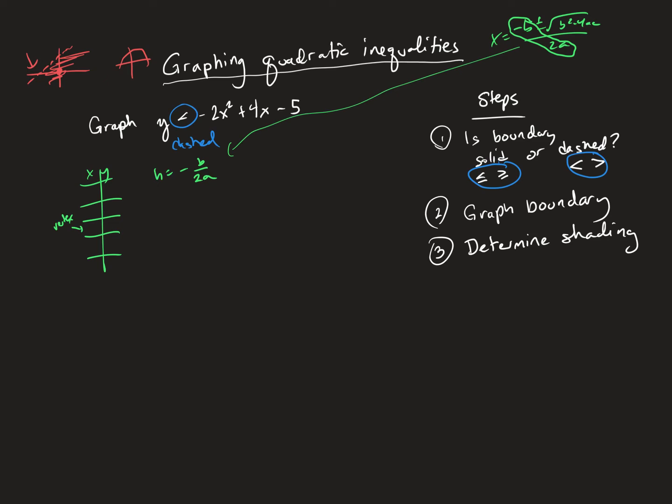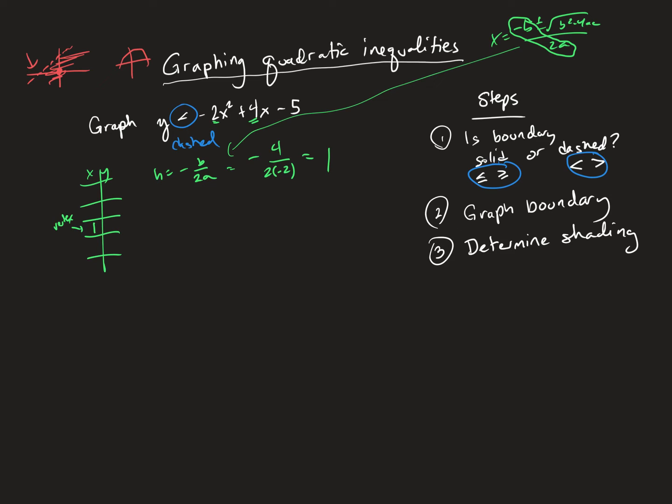So my b here is 4, my a is negative 2. So it'll be negative 4 over negative 4, which is 1. So that's my x value of my vertex. So to find the y value, I'm going to take that and plug that into the equation.